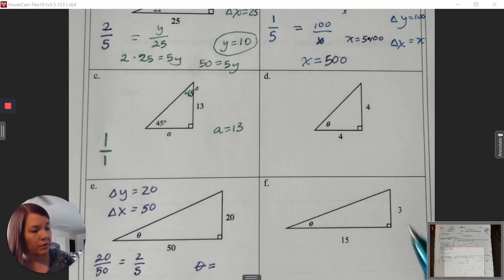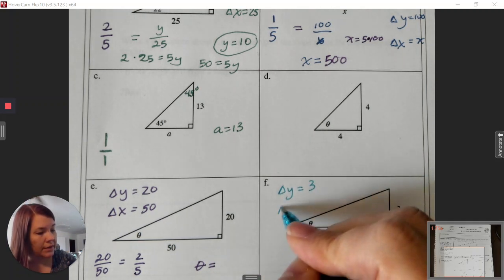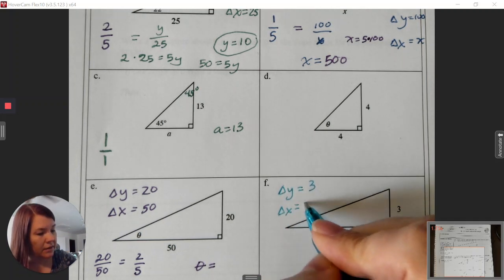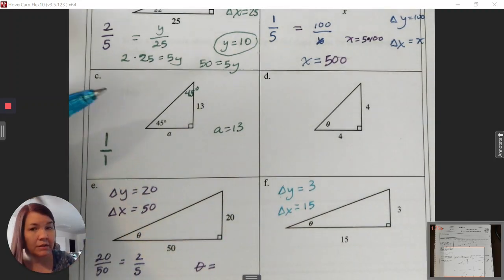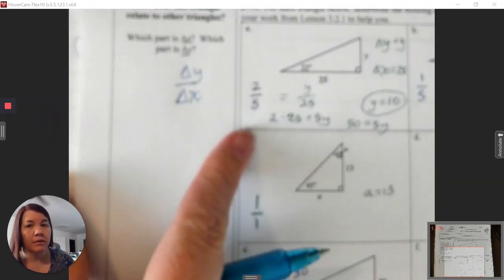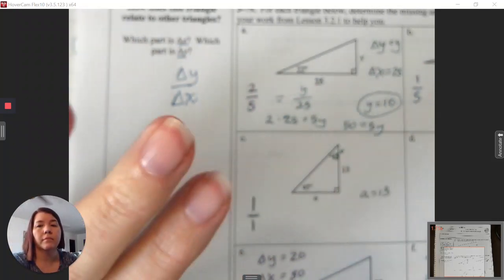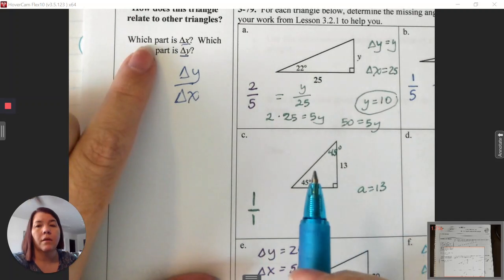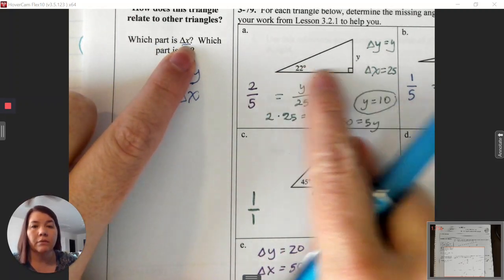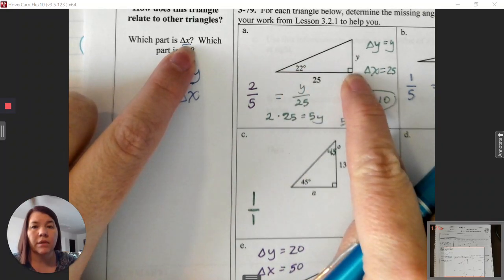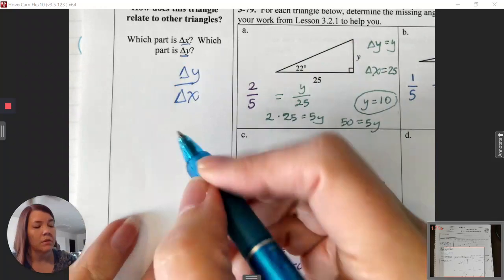For this triangle, delta y is 3 and delta x is 15. So again, which part is delta x and which part is delta y? Delta x is the horizontal movement, sideways. Delta y is the vertical movement, up and down.